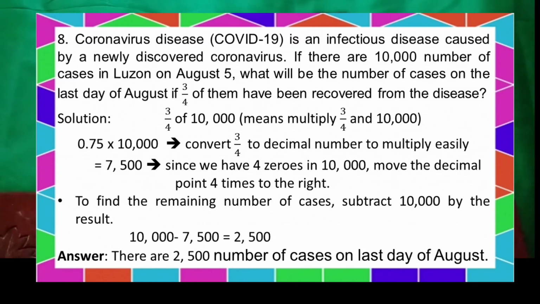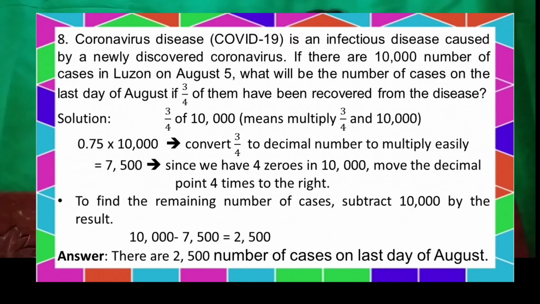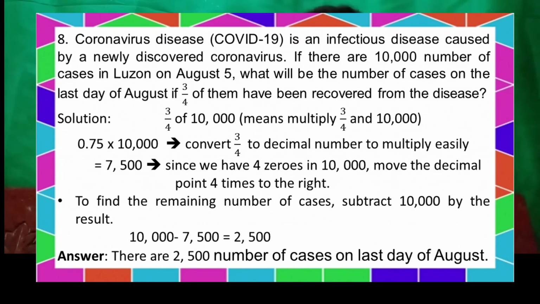That is 7,500. To find the remaining number of cases, we have to subtract the result from 10,000. So 10,000 minus 7,500 is 2,500. So our answer here is there are 2,500 cases on the last day of August.